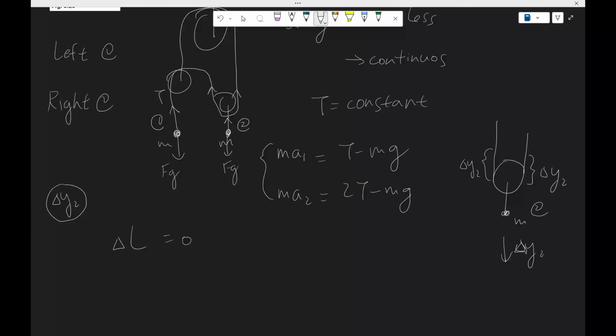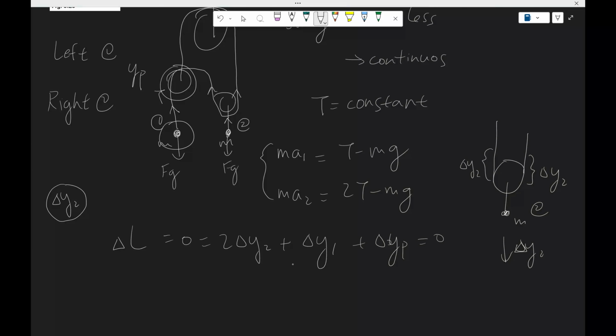So delta y2 will result in a 2 delta y2 change to the string length. And then the height of this mass will change, which is delta y1, and the effect is also just delta y1. And the height of this pulley will change too. Let's call it y pulley, so it's delta yp. And that is always equal to 0 because the string is incompressible.